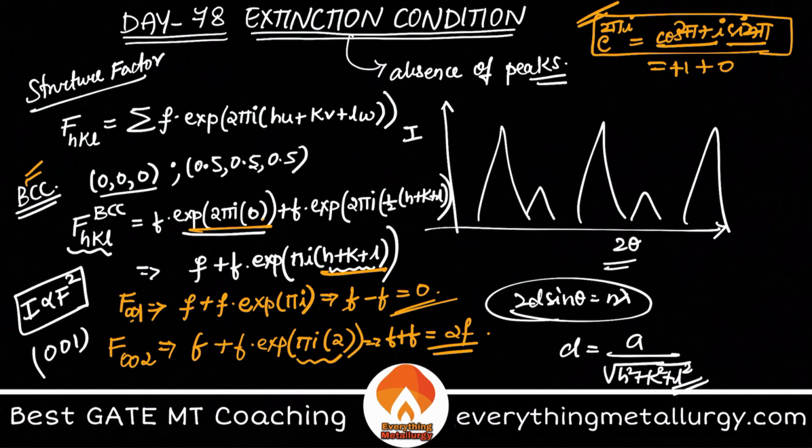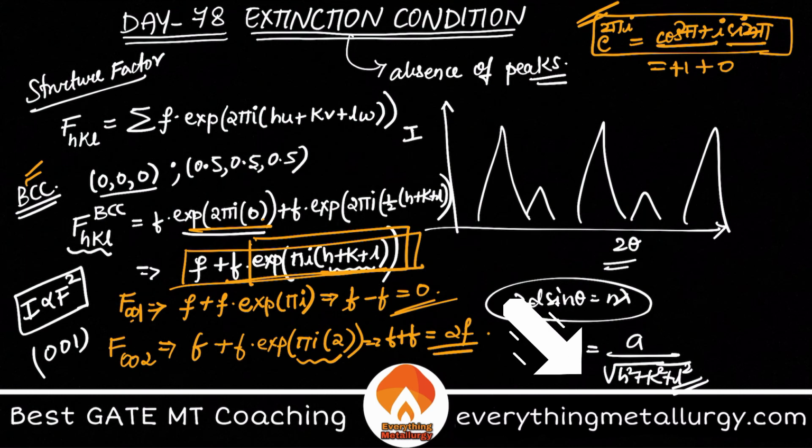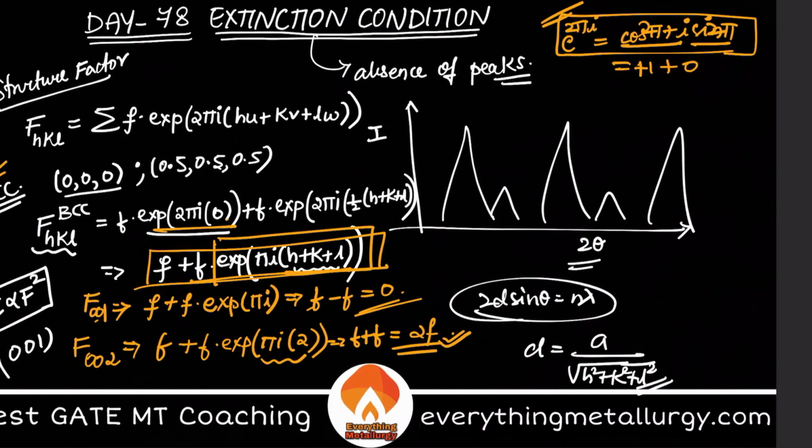That means there should be some condition from this term. For BCC, when h plus k plus l is odd, you get this term as minus 1, and then only you get f as 0. When h plus k plus l is even, no worries, you get to see intensity peaks. That means for BCC, diffraction is present when h plus k plus l is even.